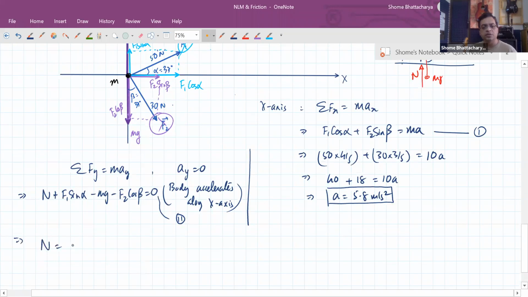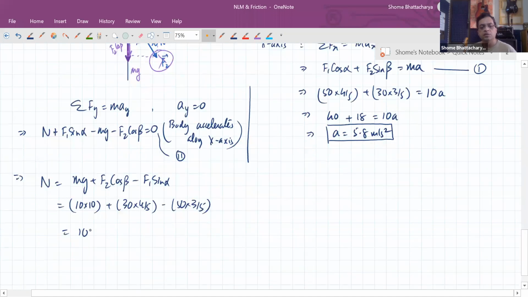So normal reaction you can see will become mg plus F2 cos beta minus F1 sin alpha, which we can now see. Mg will be 100 newtons. This will be 30 into cos 37, so that's 4 by 5. Minus, this will be 50 into sin 37.